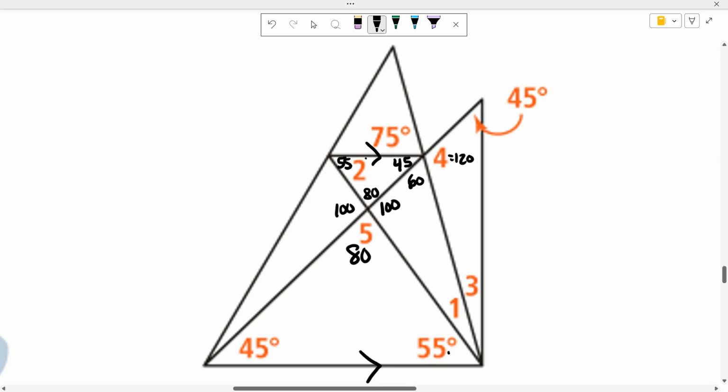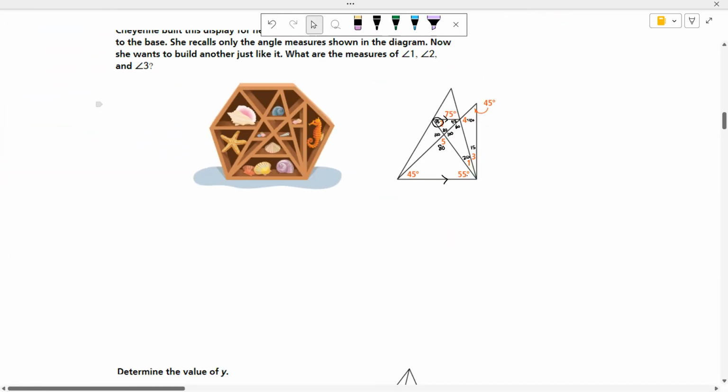And since this is 45 and this is 120, they add up to 165. So what's angle 3? What did we say? 15. That's right. And since this is 100 and this is 60, what's angle 1? 20. So the secret there was if you figure out angle 2, you can figure out the rest of them. Okay? All right.